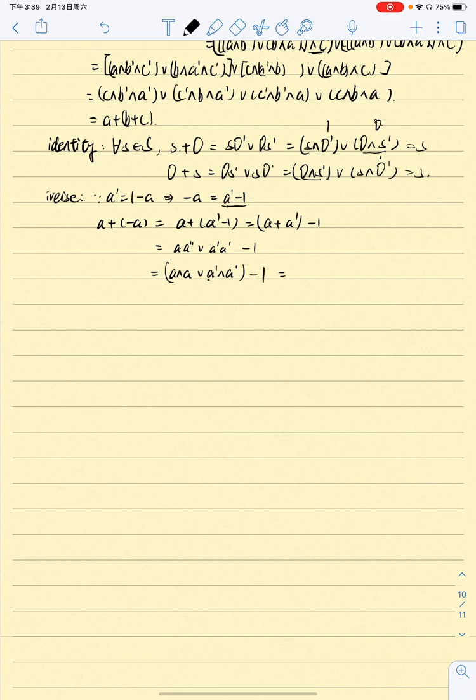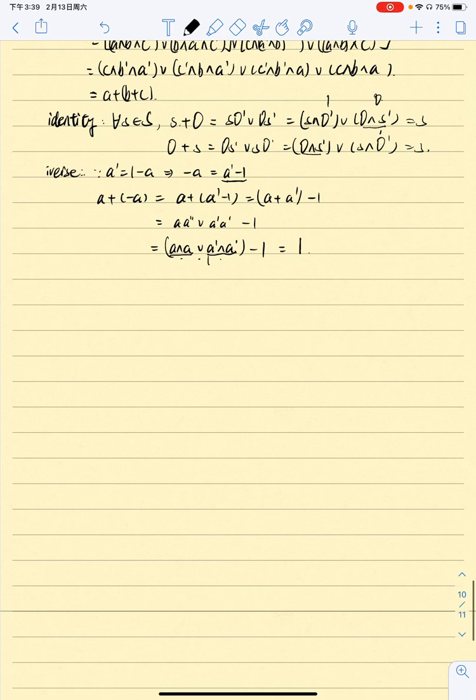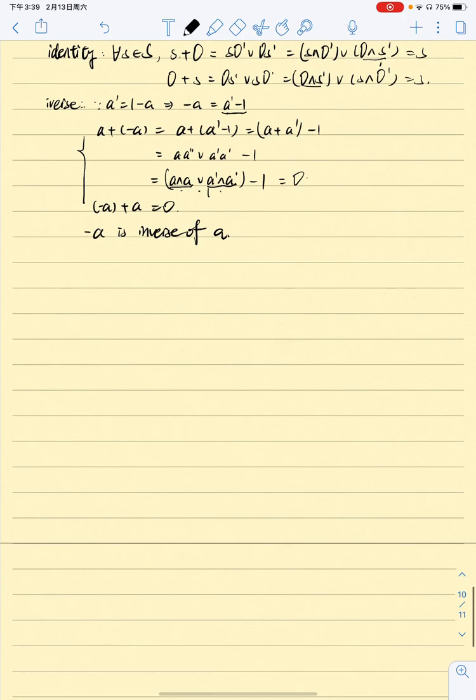Okay, here a prime a or a prime is 1. So 1 minus 1 is 0. And on the other side, minus a plus a, also we can get 0. So minus a is inverse of a, right? Under plus operation.